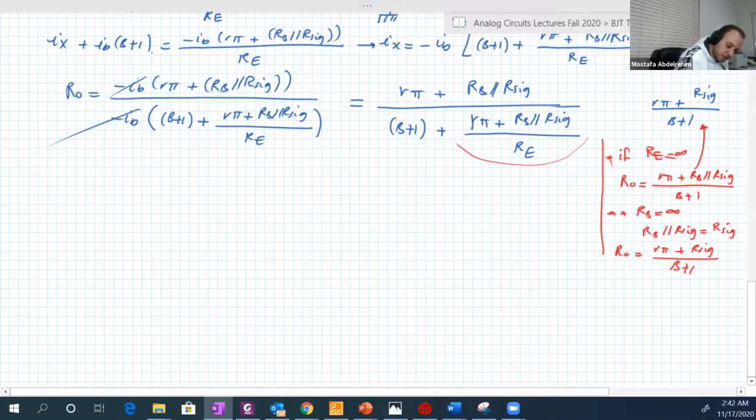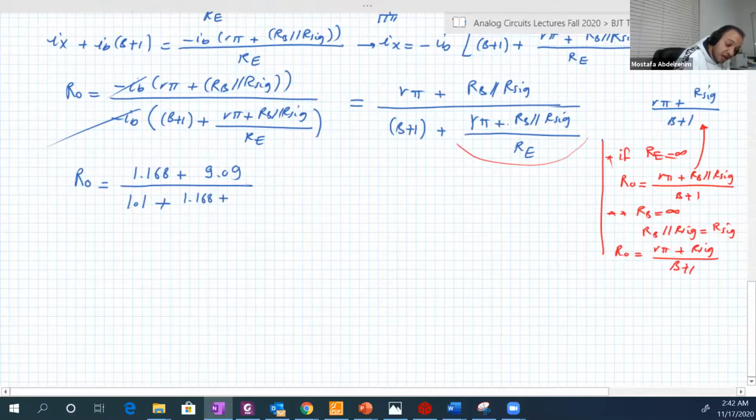So RO equal to all that stuff here. Let's substitute for the numbers and see what we're going to get. Our R pi is 1.168 kilo ohms plus RB parallel R signal is 9.09 kilo ohms. Beta plus 1 is 101.